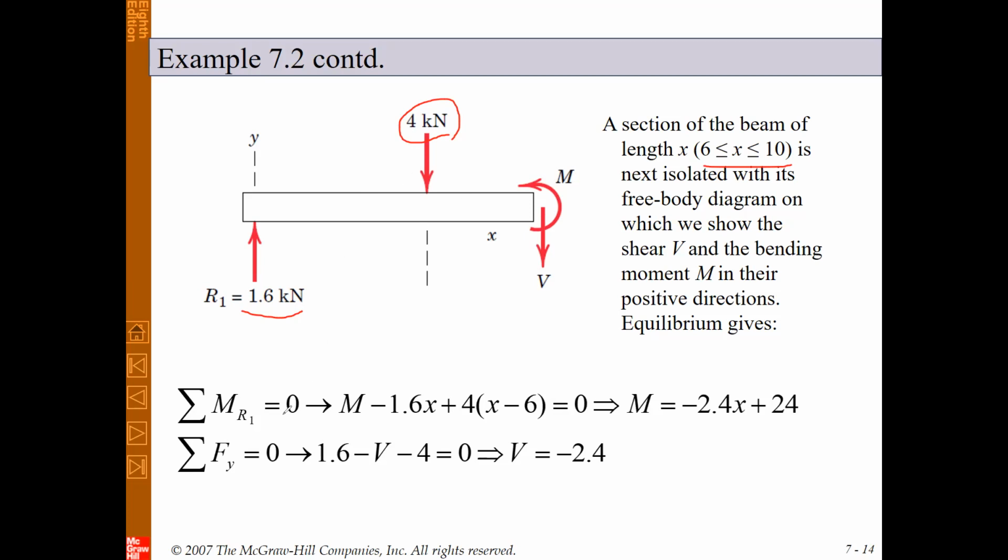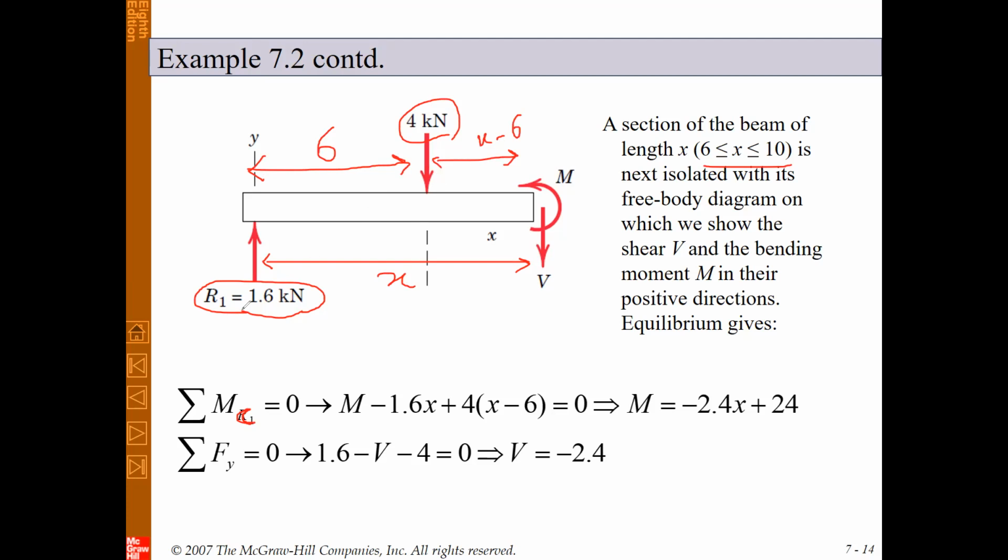Again, if you write the moment equation about the cut point, not R sub 1, we will have a moment due to R sub 1, which is R sub 1 multiplied by its arm. This length is x, as you know. This length is equal to 6, and this length is equal to x minus 6.